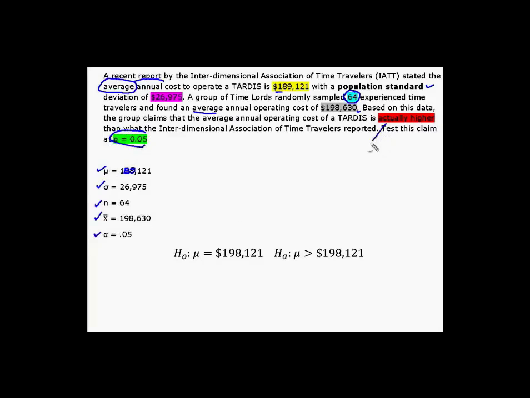And what I used this in red for was to determine the sign of my alternative hypothesis. Remember, I know that my hypotheses statements are always going to look like a pair. So because we were talking about the average, we knew that this was going to be mu, and I knew that this was going to be equal to, and I want to use the value that we believe to be the case right now before we collected our data, and that was the 189,121.